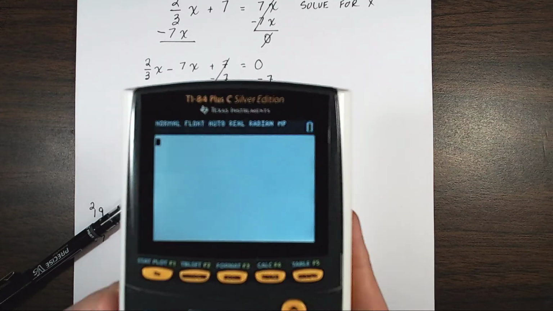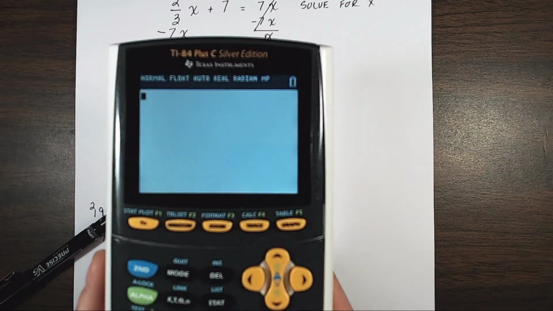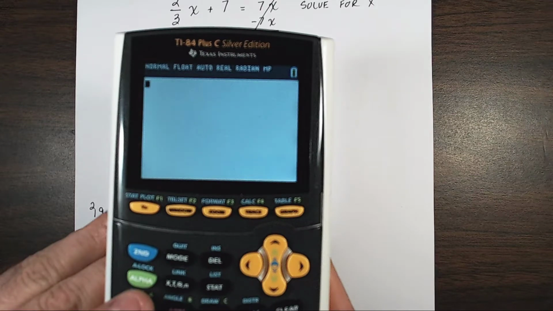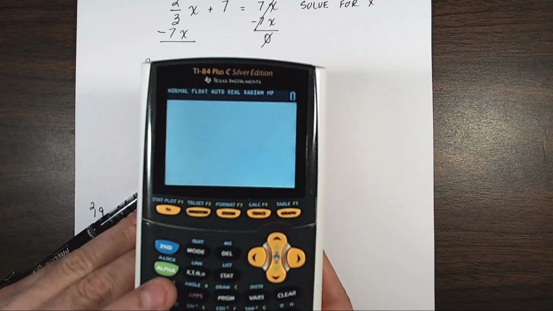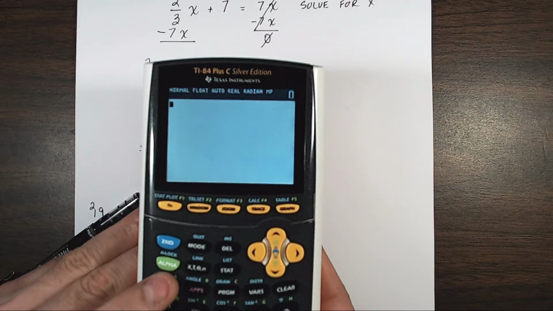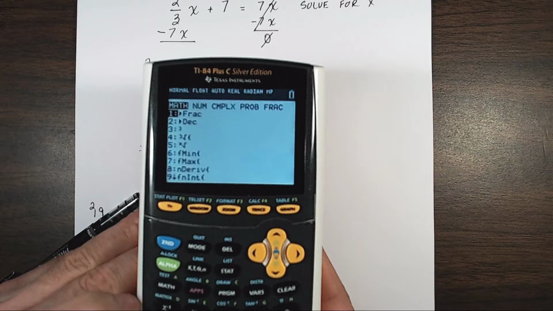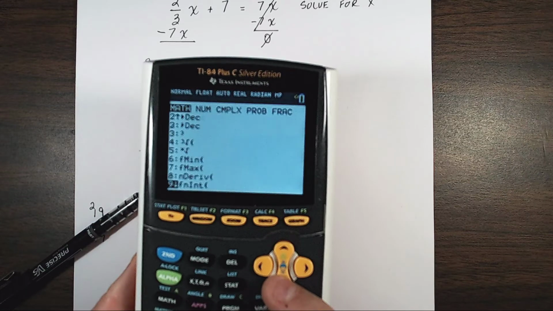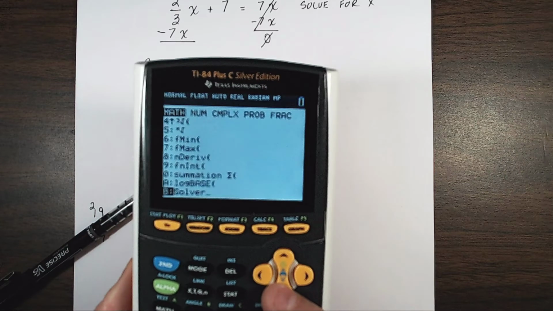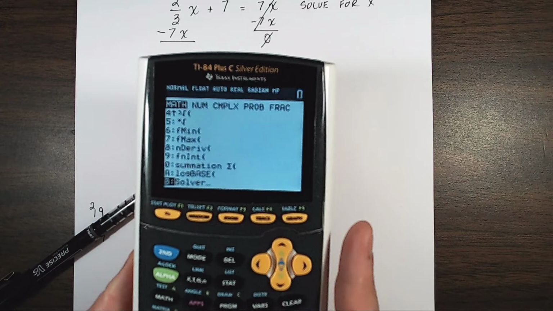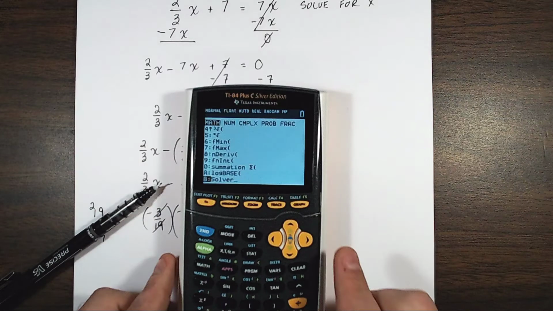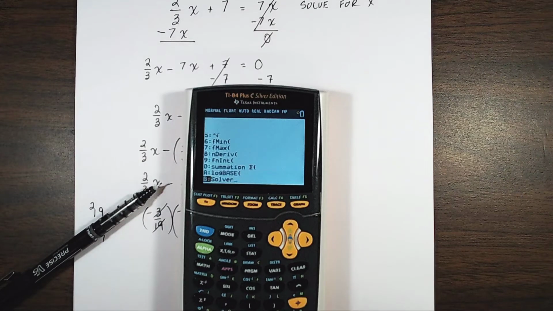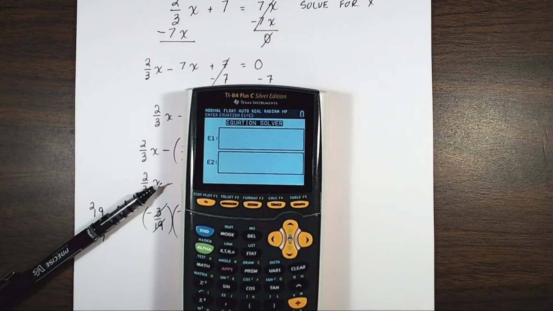What you do on the calculator is go to Math, hit the Math key, and go down to, for you it's B, Solver. Okay, so open up the solver app, and then you see E1.